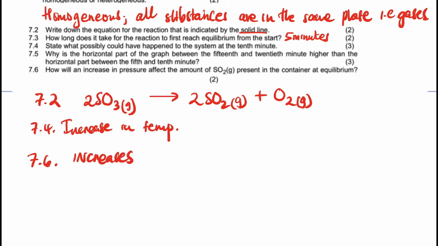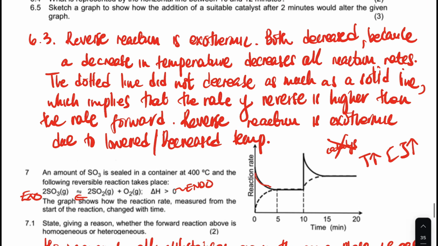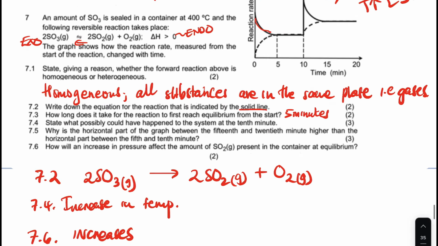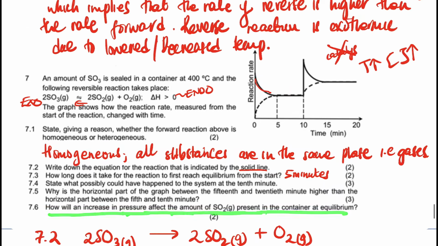The reason for that, let's look at it again. There's something that I'm not certain about. It says, how will an increase in pressure affect the amount of sulfur dioxide present at equilibrium? Okay, so again, when we increase pressure, it favors the side with the least number of moles, right? The side with the least number of moles is this side, so it will favor this side.